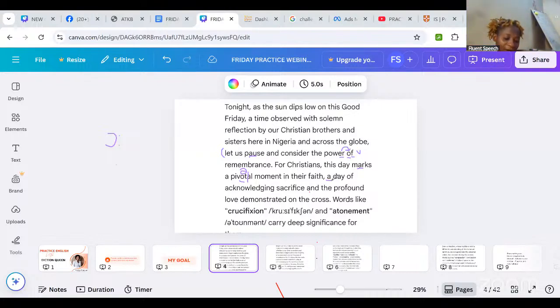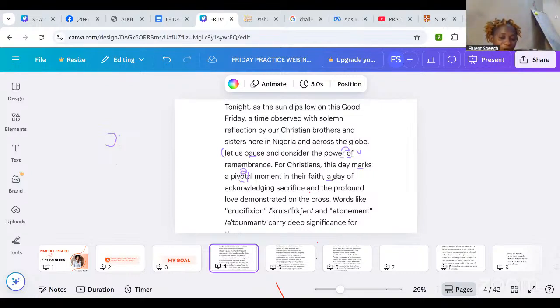So I'll take it again from for Christians. For Christians, this day marks a pivotal moment in their faith, a day of acknowledging.